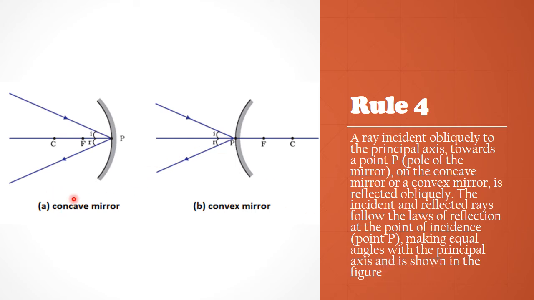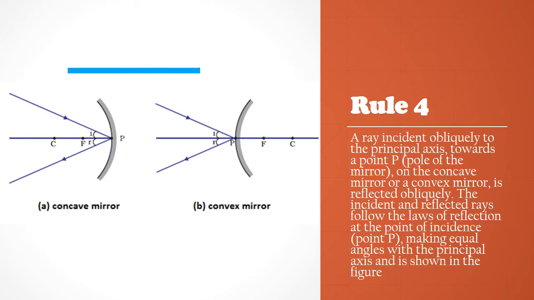So let us first understand it for your concave mirror. Before we discuss the concave mirror, let us revise the laws of reflection. So what do your laws of reflection state? Suppose you have a reflecting surface.